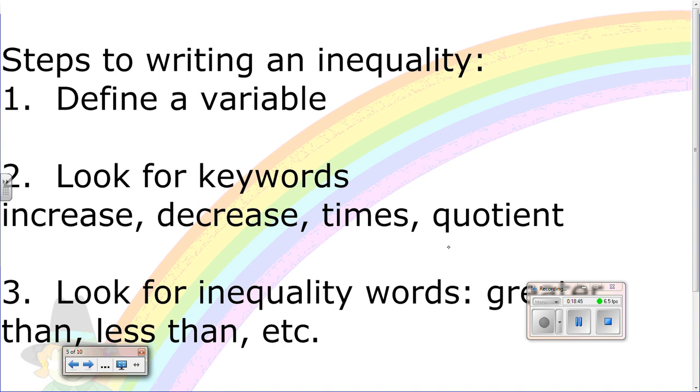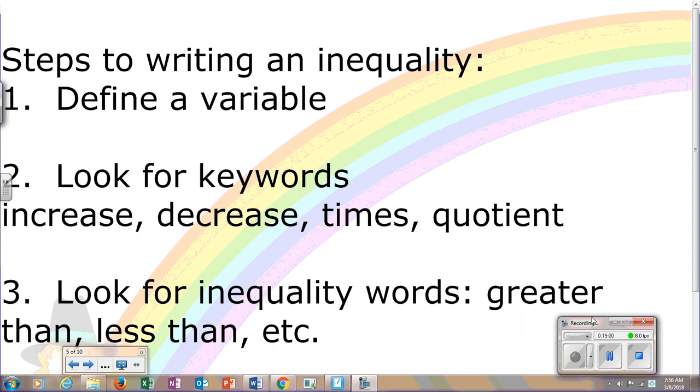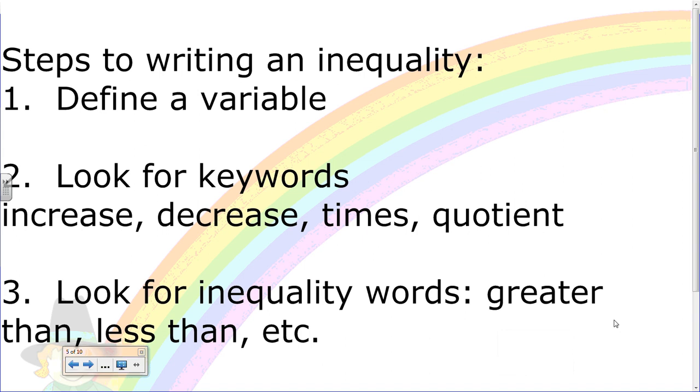Steps to writing an inequality. First, define your variable. Second, you have to look for keywords like increase, decrease, times, quotient. That'll tell you whether it's plus, minus, multiplication, or division.